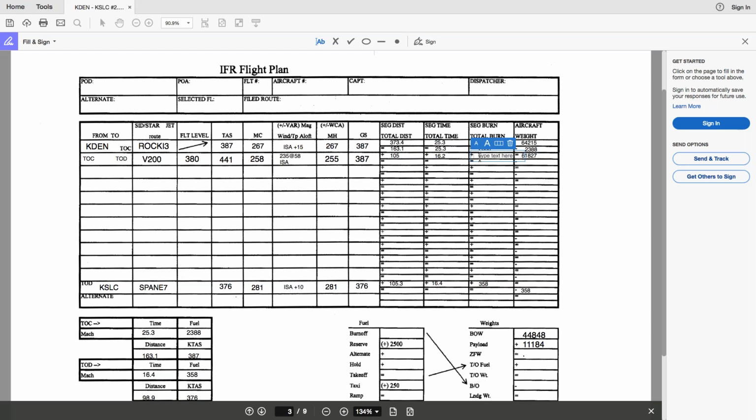Okay, 48.5 pounds. And that gives me my fuel per minute, right? Pounds per minute. Okay, that being said, I can just multiply that by the 16.2 minutes it takes to fly.